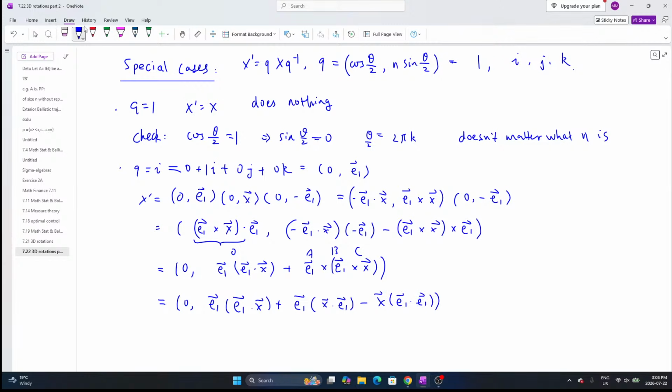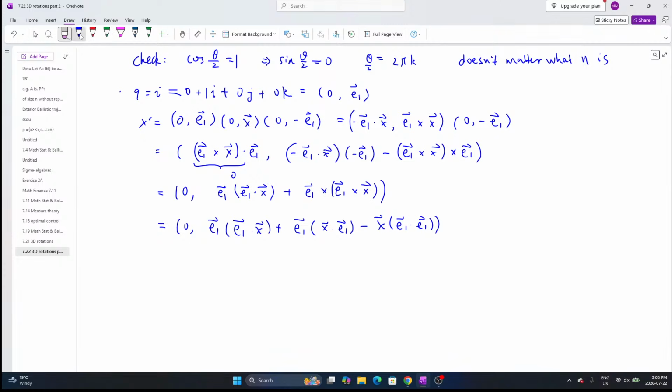Vector triple product identity. So now what do we have here? This is 0, and this is 2E1. This is 2E1 times E1 dot with x, and then minus x.